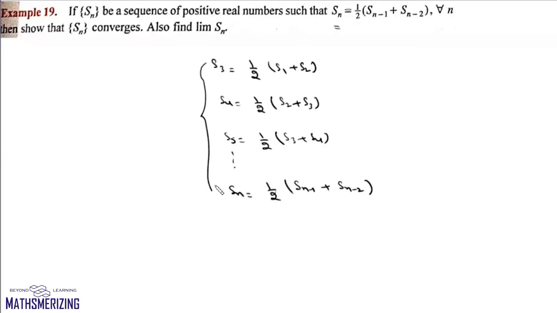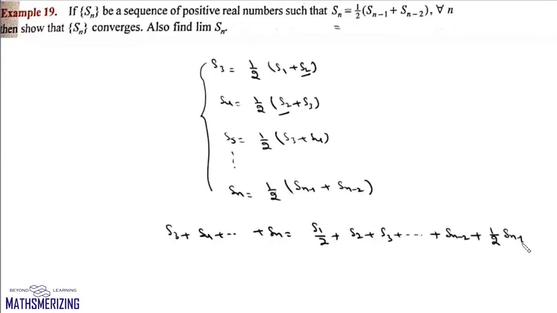If we add them all up, on the left hand side we'll get S3 plus S4 up to Sn. On the right, S1 by 2 plus S2 by 2 plus S2 by 2 will be simply S2. In the same way, it will be S3 plus Sn minus 2 plus 1 by 2 Sn minus 1. Now here S3, S4, all these terms will cancel.